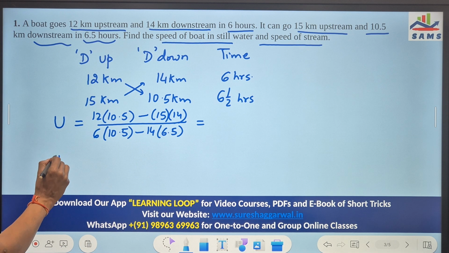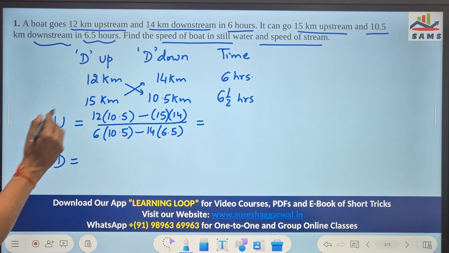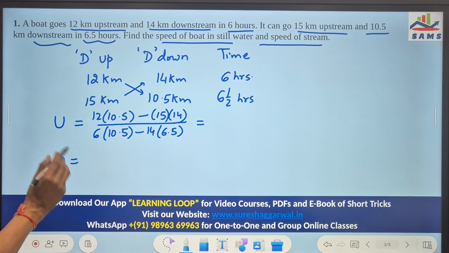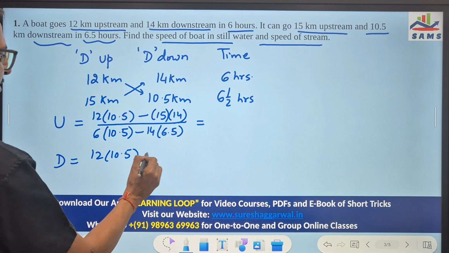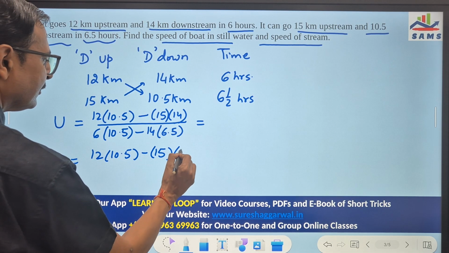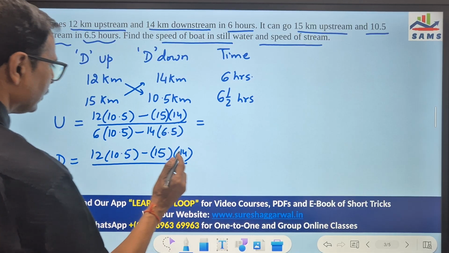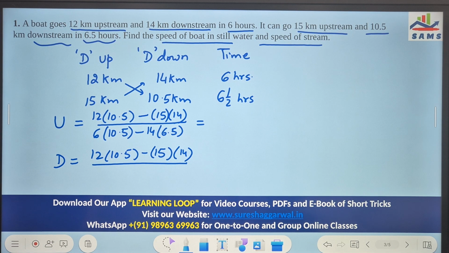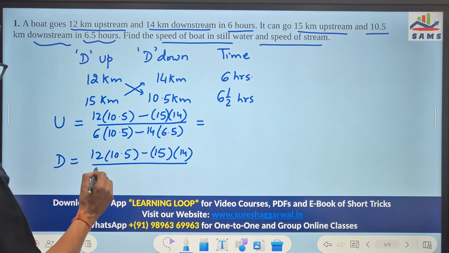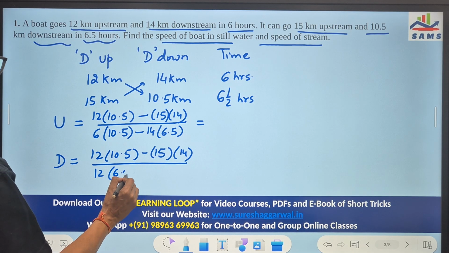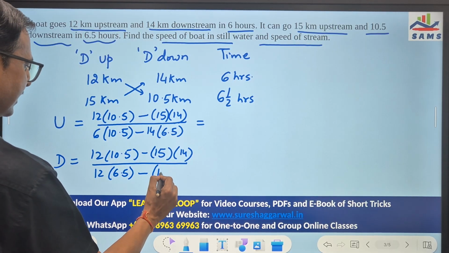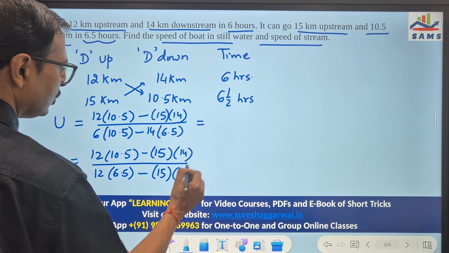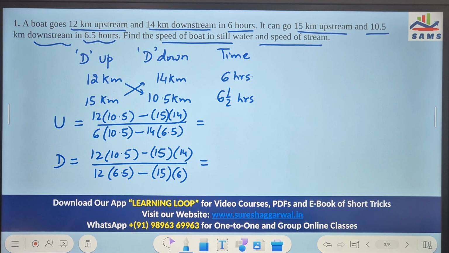And then the downstream speed, I told you the numerator is going to stay the same. So 12 times 10.5 minus 15 times 14, and in the denominator now the situation changes. We have 12 times 6.5 minus, the other way around, 15 times 6, and this is the calculation which you have to perform to find the value of u and d.